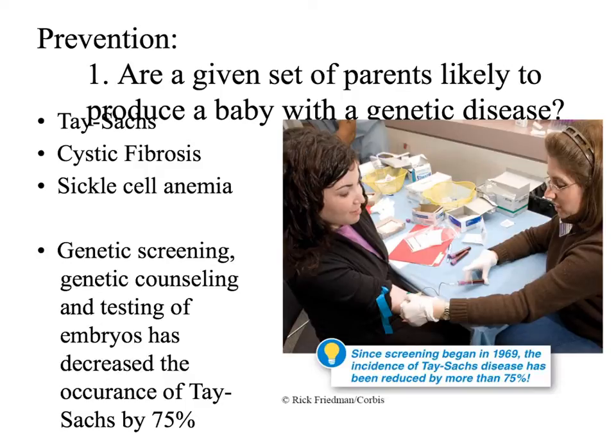Genetic screening and genetic counseling can help with testing of embryos to figure out if a baby has a good chance of having one of these diseases. A good example of success in this field is the genetic screening, counseling, and testing of embryos for Tay-Sachs disease. This has decreased the occurrence of Tay-Sachs by 75%.